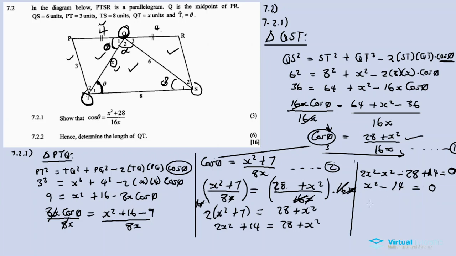Then boom, x squared is equal to 14. Take the square root, and x is equal to the square root of 14. This is my QT, and QT is the same as the x value, so therefore x is equal to the square root of 14.